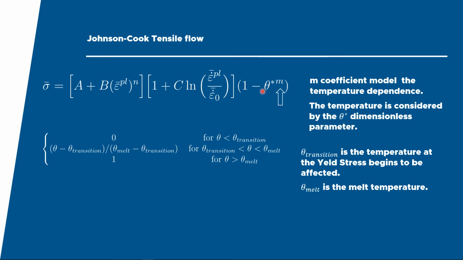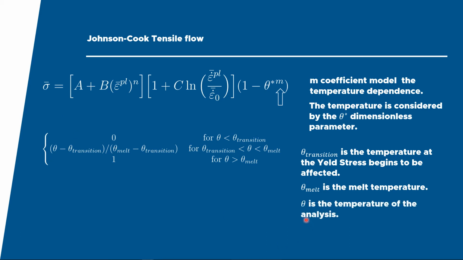So when it goes to 1, this term goes to 0 and everything vanishes. What it is saying is that the body starts to behave like a fluid, so no more stresses are generated when we have a shear strain.